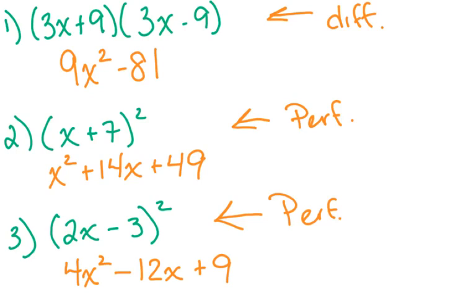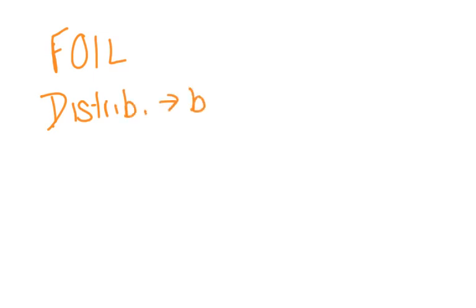Okay, so that kind of sums up what lessons 6.5 and 6.6 is on. So for the quiz, it's important to know how to use your FOIL method, how to use your distributive method, whether you're doing it with binomial by binomial, or if you're doing it as a binomial by a trinomial.